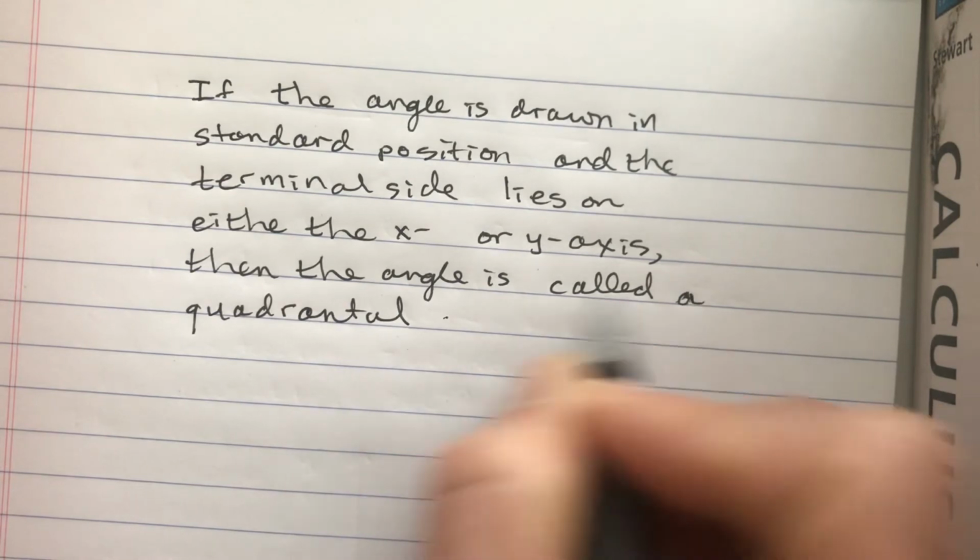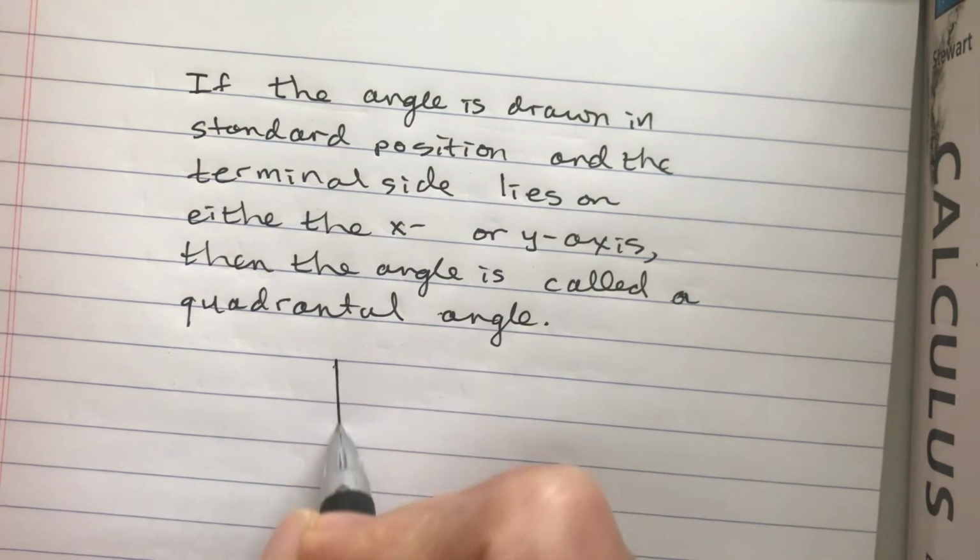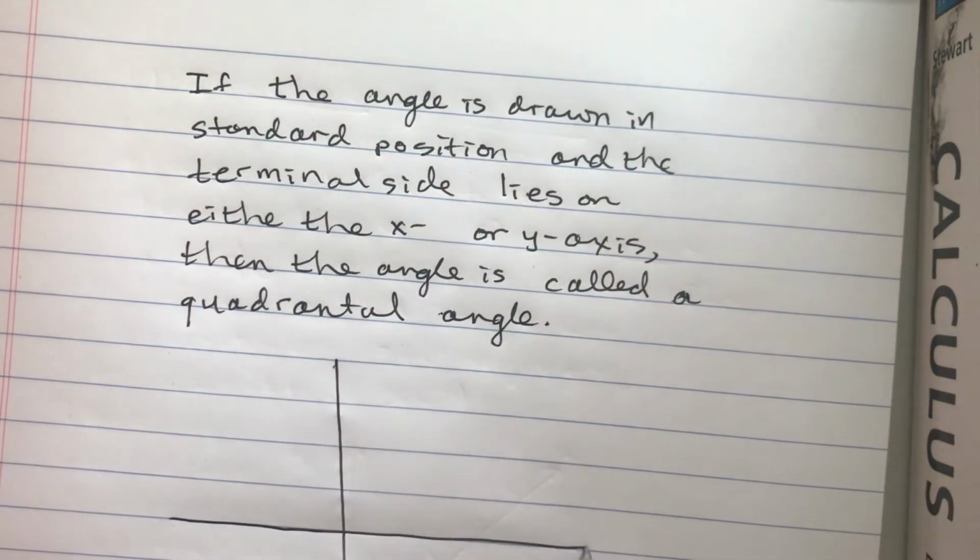It's called a quadrantal angle. It's a funny sounding name, but anyway, okay.